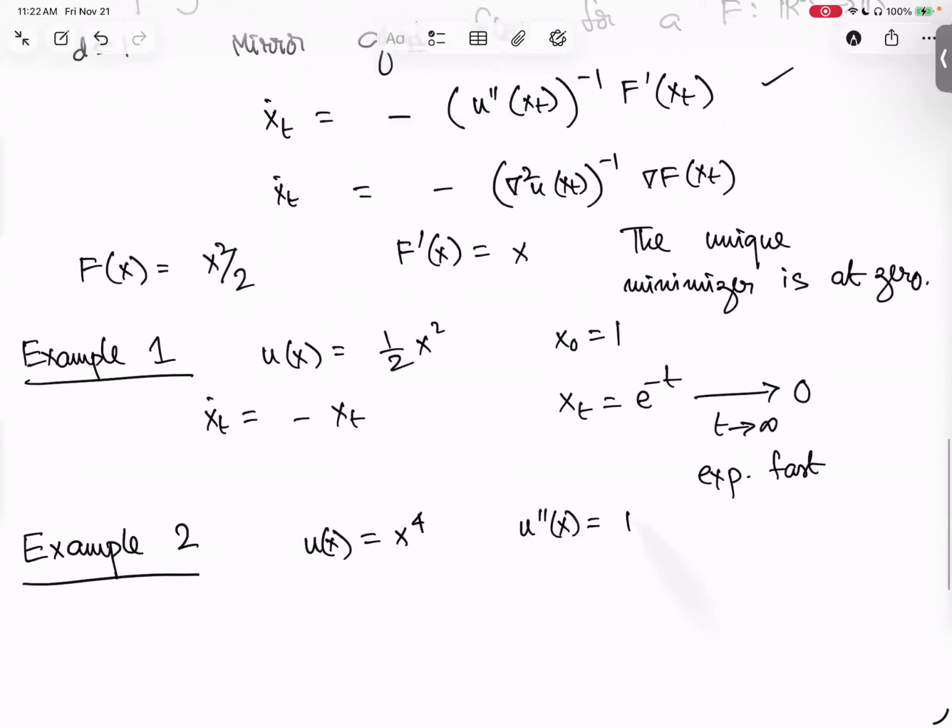Do you see what is happening? Do you see the relationship between f and u? So it clearly displays a wide range of behavior compared to my Euclidean gradient flow. But do you see why sometimes it's faster, sometimes it's slower? What is the thing that strikes you here? What is leading to this behavior?